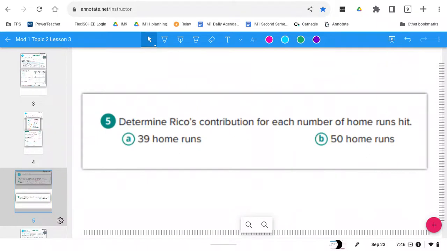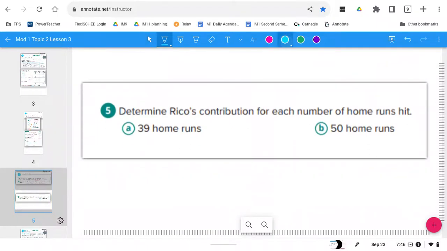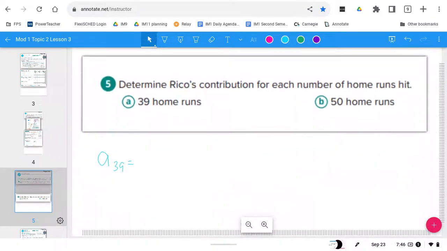So then determine the 39th and the 50th. Okay, so I have the 39th. My first term this time is 500 plus the distance I'm traveling, which is 75 each time, and then I'm finding the 39th. So PEMDAS, parentheses first. So I get 38.